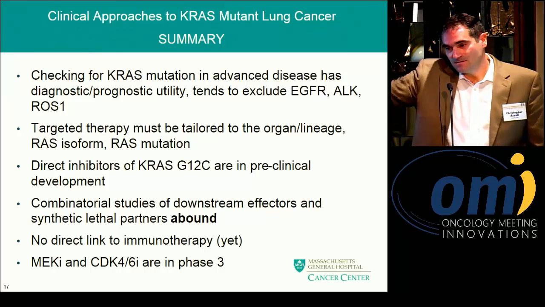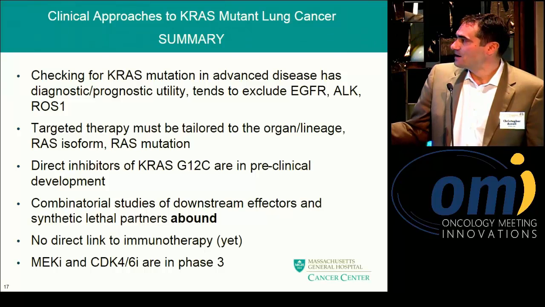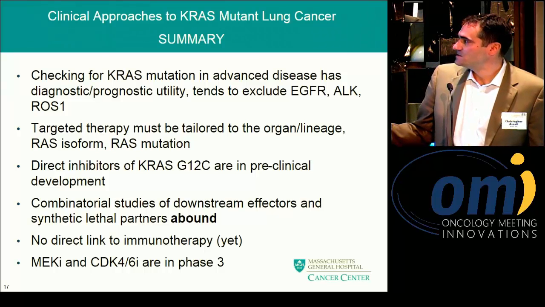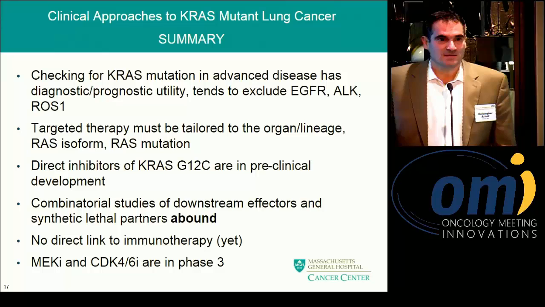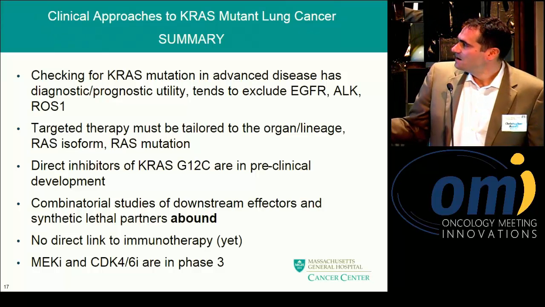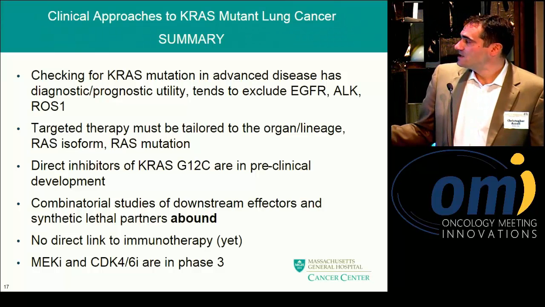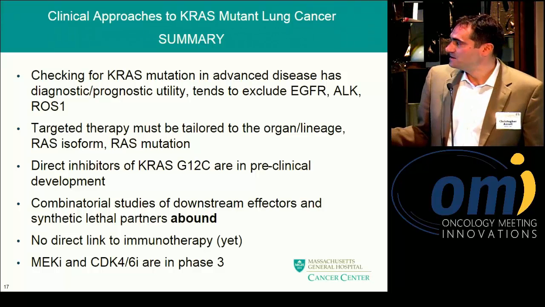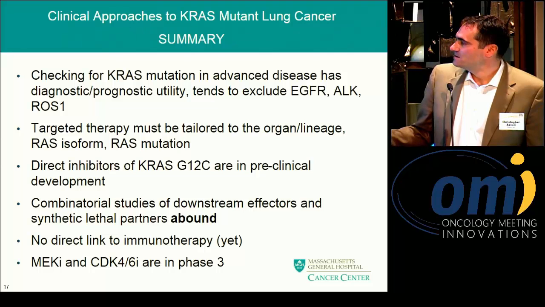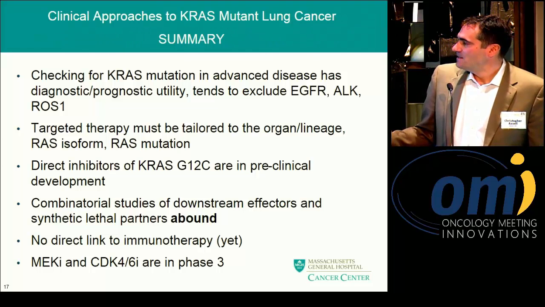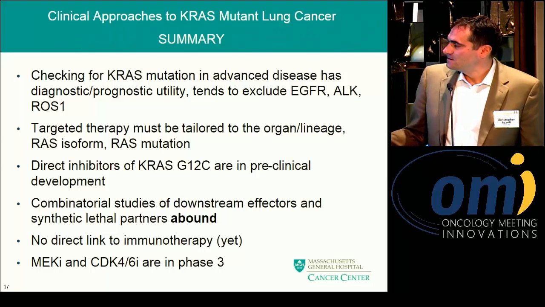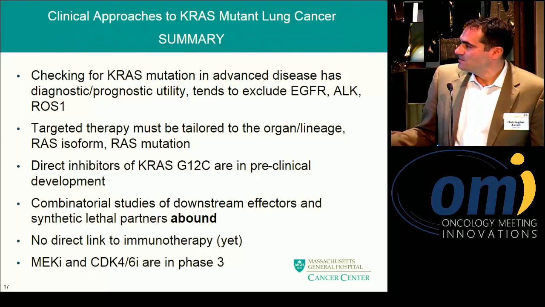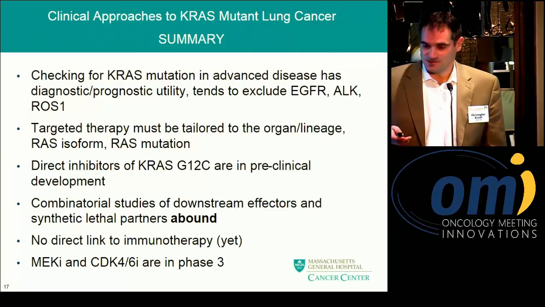And that is a nice segue to the fact that there are now direct inhibitors of KRAS G12C that covalently bind and block the enzyme. Combination studies of downstream effectors and synthetic lethal partners are all over the place and abound, and there's no direct link to immunotherapy yet. And then the phase 3 studies are underway, including those with selumetinib and abemaciclib. Thank you very much.